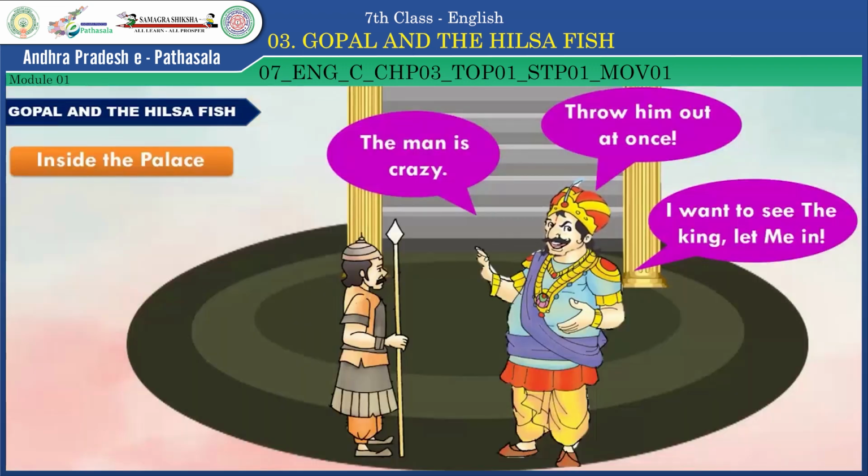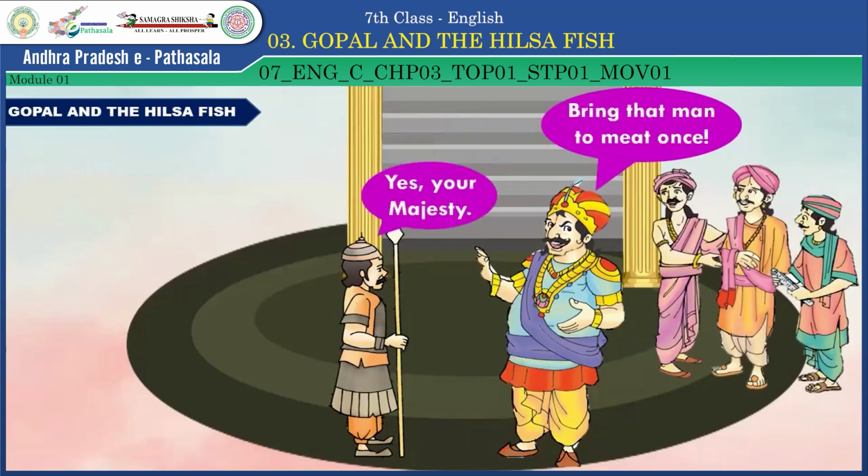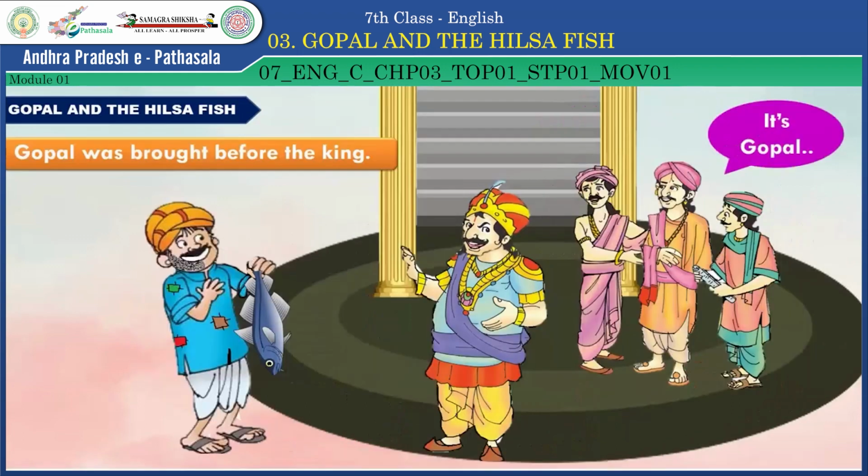Inside the palace, "The man is crazy. Throw him out at once." "I want to see the king. Let me in." "Bring that man to me at once." "Yes, Your Majesty." Gopal was brought before the king.